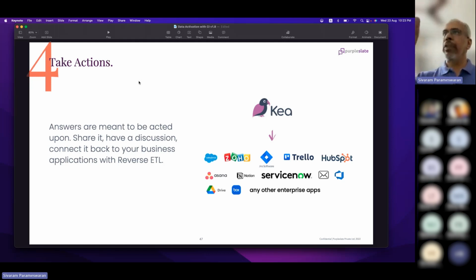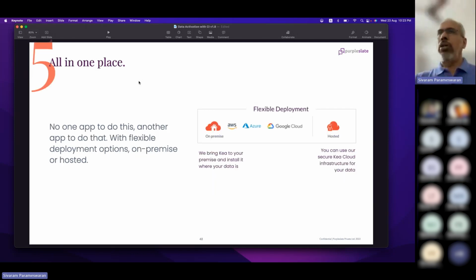And that way, the fourth is nothing but the data activation part, right? We can integrate those business applications within Kia to take care of the data activation layers, all in one place. It's completely cloud based. Since it is related to data, most of our enterprise implementations happen on premise.